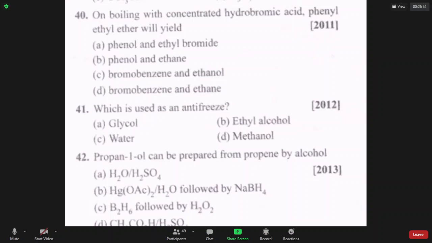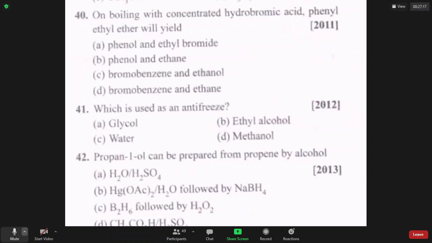Road gets clear. So a preferred antifreeze is what, sir? Glycol. You don't use ethyl alcohol because ethyl alcohol can also do this purpose, but ethyl alcohol is costlier and tastier for many people. Therefore, preferred antifreeze is glycol.